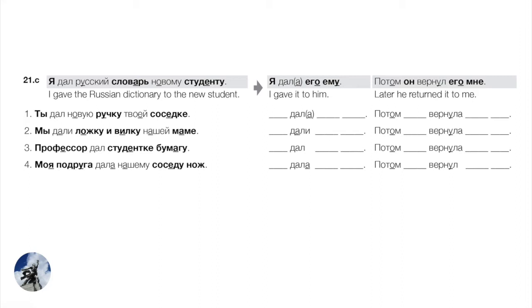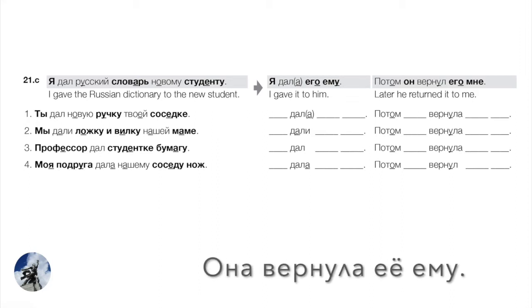But again, the point that's most important for us now is that regardless of word order, we need to be focused on the case endings. Okay, so let's say then she, the student, returned it to the professor. Потом она вернула. Okay, what's the it going to be? Well, it's going to be feminine for бумагу, right, which is a feminine noun. So она вернула ее ему. She returned it to him, the professor.